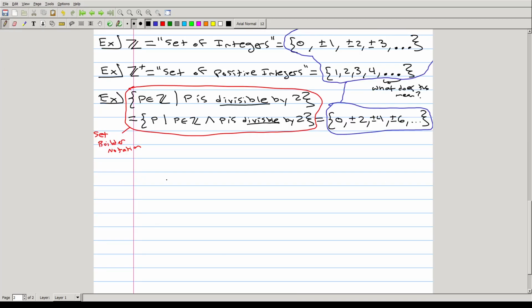So the next step up is the set Q. This is the set of rational numbers, and we can write this directly in set builder notation as the set of x such that x is equal to p over q, where p is any integer and q is a positive integer.